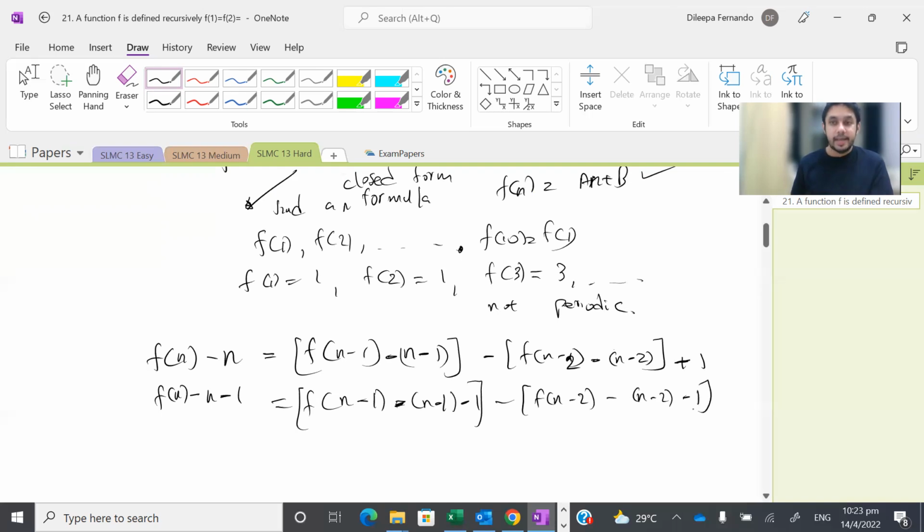Now can you see there's a pattern, and this n is absorbed, and the resulting constant terms after absorbing n are also absorbed. Now we can substitute this part by a different function gn.